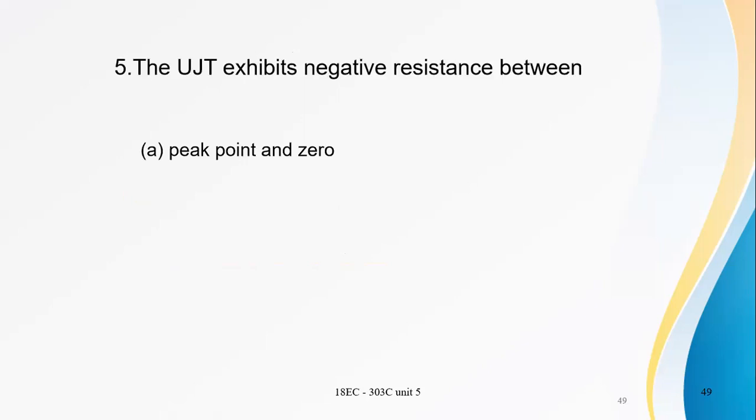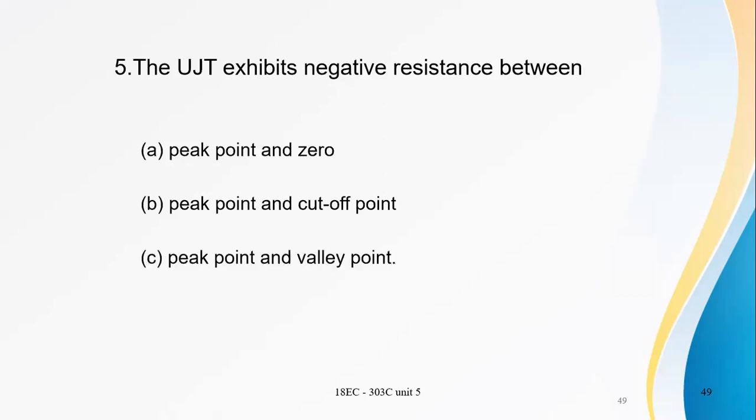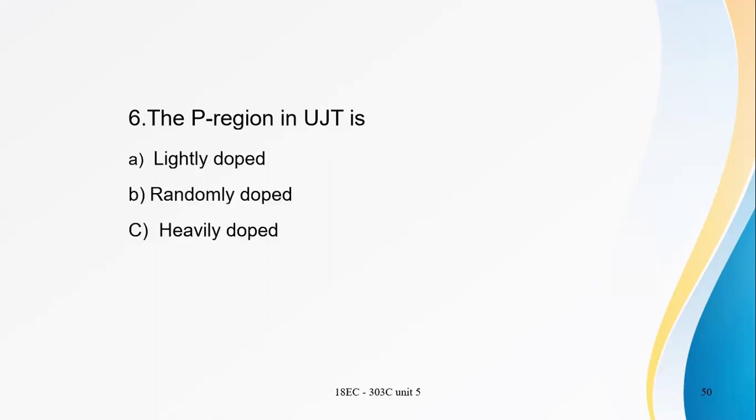The UJT exhibits negative resistance between option A peak point and zero, peak point and cutoff point, peak point and valley point, option D none. The negative resistance is between peak point and valley point. The P region in UJT is option A lightly doped, option B randomly doped, C heavily doped, and D none. The answer is heavily doped.